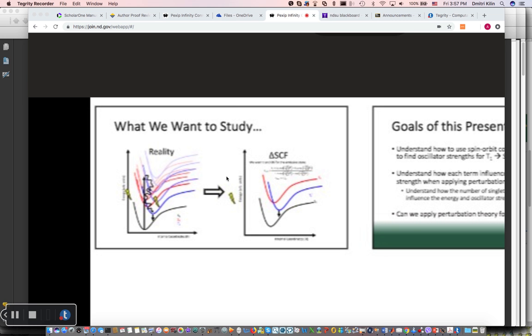If TDDFT takes 5 hours and it does 10, that's 50 hours, versus if we just enforce triplet spin and then optimize it using ground state DFT, we can get an approximate excited state geometry and then just run a single TDDFT calculation to get the excitation or emission energy. Does that make sense?